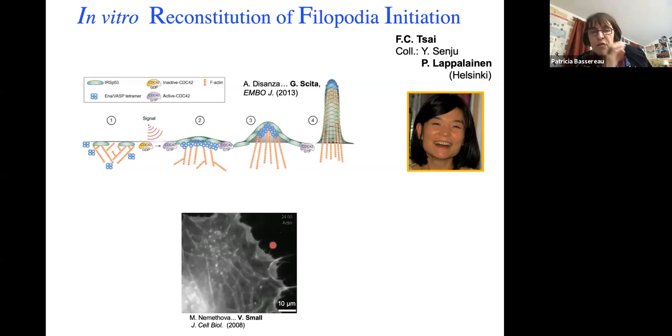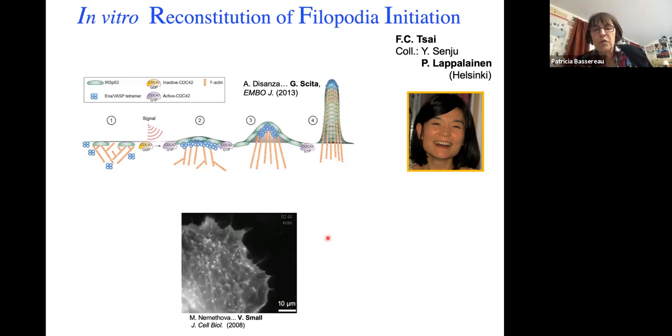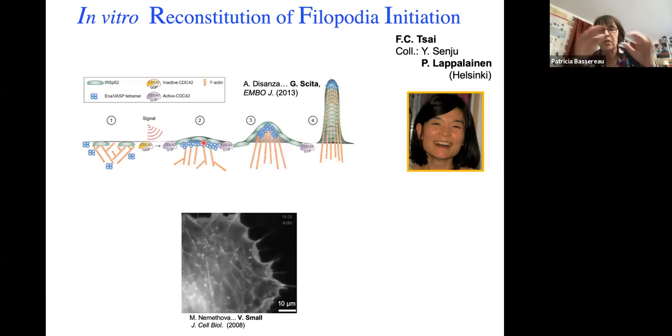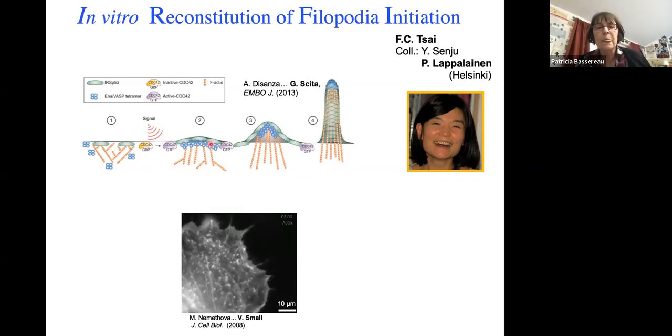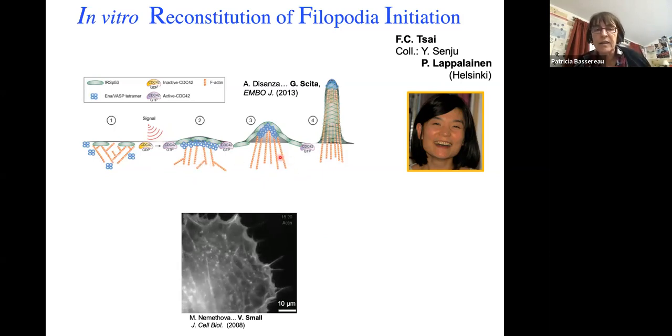And it's known that this structure, which can grow and shrink, etc., at least the model which was proposed, is that they are generated by some IBAR protein, which I already mentioned. The recruitment and the clustering of this protein was proposed to induce the recruitment of the protein which recruits actin, so that you can see here.